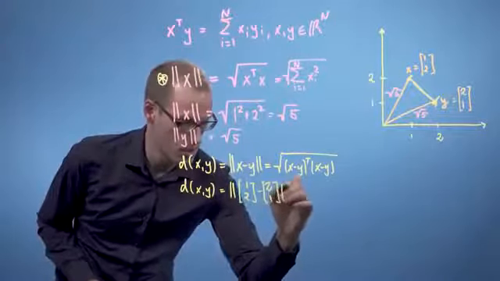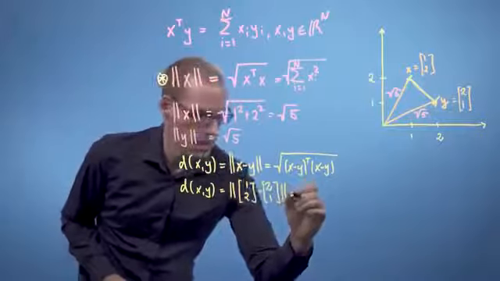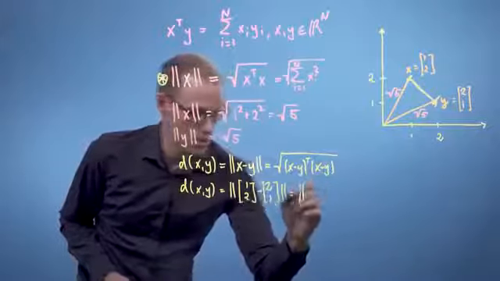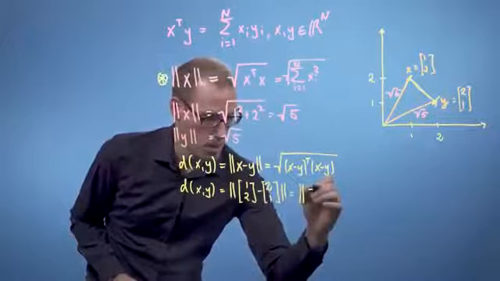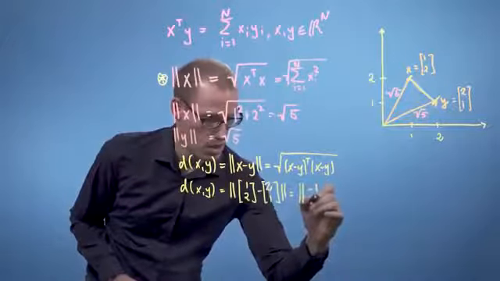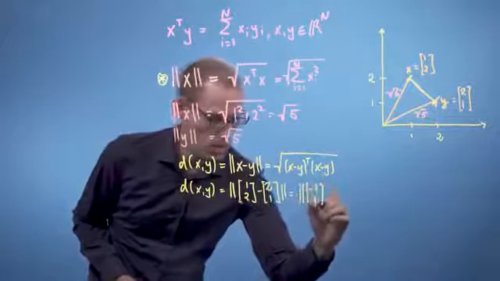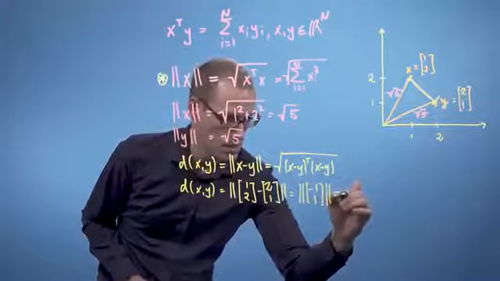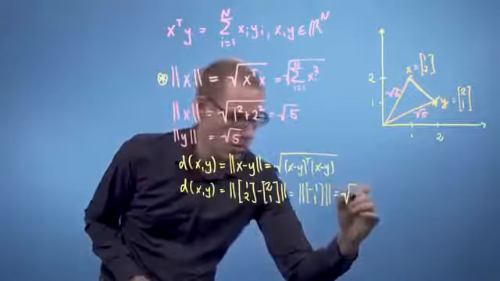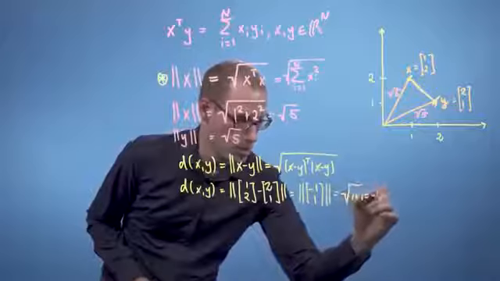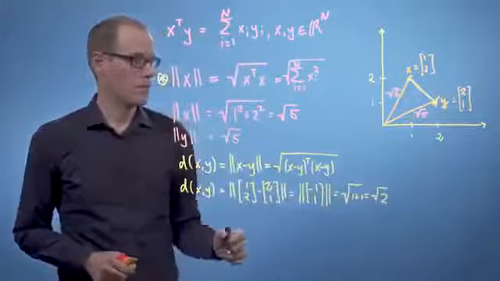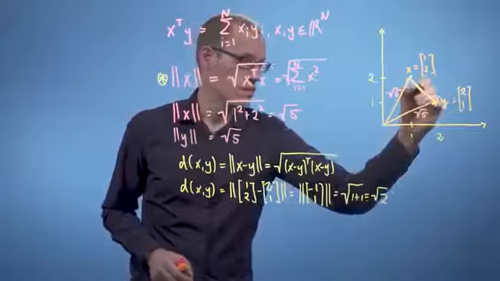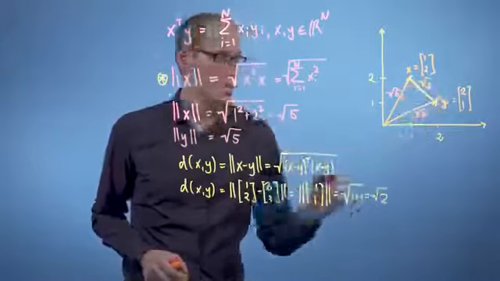This is our difference vector, and that is the norm of (-1, 1). And this is the square root of 1 plus 1, which is the square root of 2. So the length of this yellow segment is square root 2.